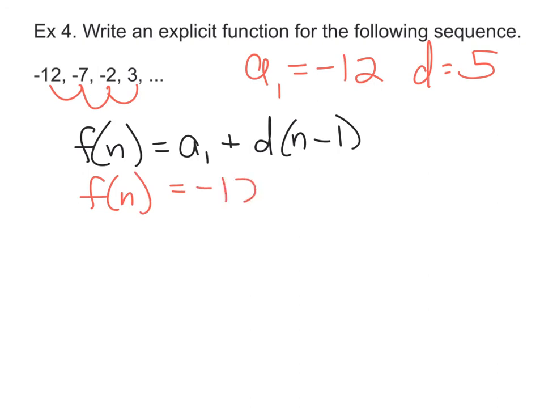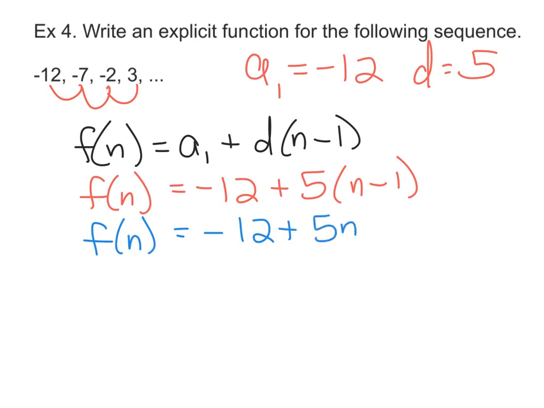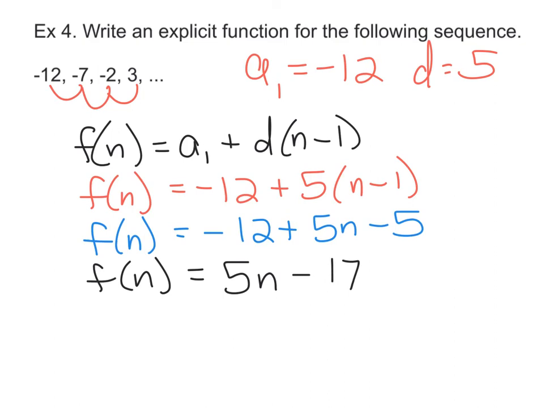I know this equals -12. I know the d value equals 5. I don't know my n at this current time. I'm just writing an equation. I'm not doing more than that. So I'm distributing through. And now I'm combining like terms. And I get 5n minus 17 is what is equal to my f of n. That would be the explicit function.